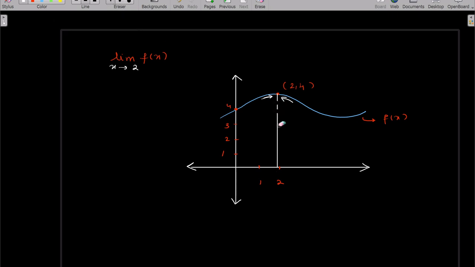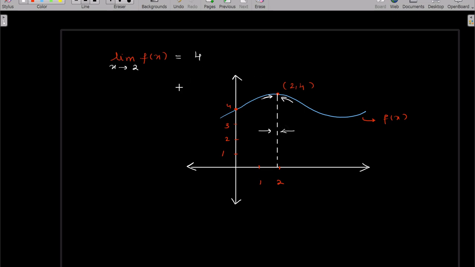So Anishka, in this case, what should be the left limit and the right limit? Will it be the same or will it be different in this case? It'll be the same. No matter if you come from the left side or you come from the right side, the limit of the function will be 4.